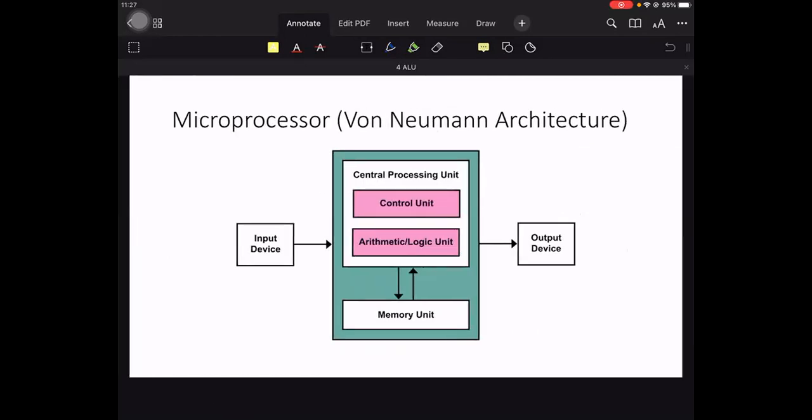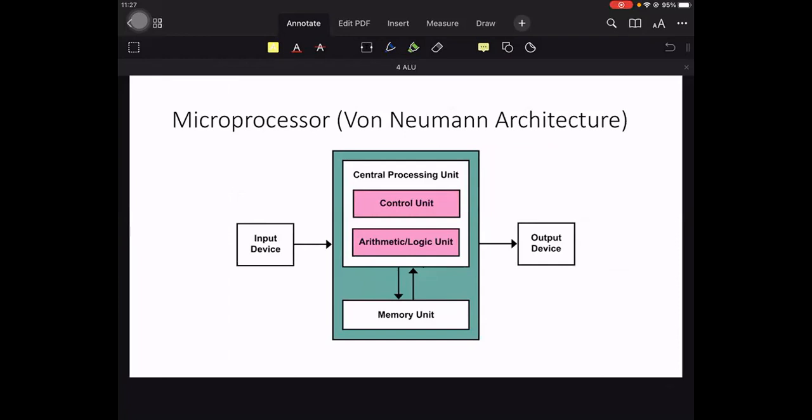So as I mentioned earlier, all microprocessors, at least according to the von Neumann architecture, contain not only a control unit but also an arithmetic logic unit, or ALU. This one right here. So this block diagram that we are seeing right now is the block diagram of an actual computer system.